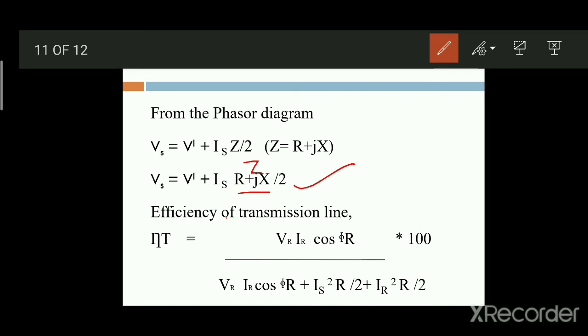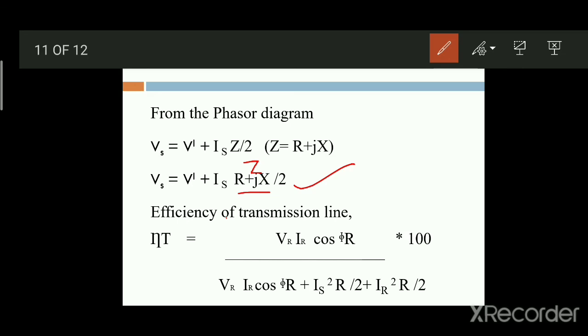Okay, after that we obtain the transmission efficiency. The formula for efficiency is the power delivered to the power supplied. Power delivered means VR IR cos phi R, and power supplied means VS IS cos phi S, or power delivered plus line losses.